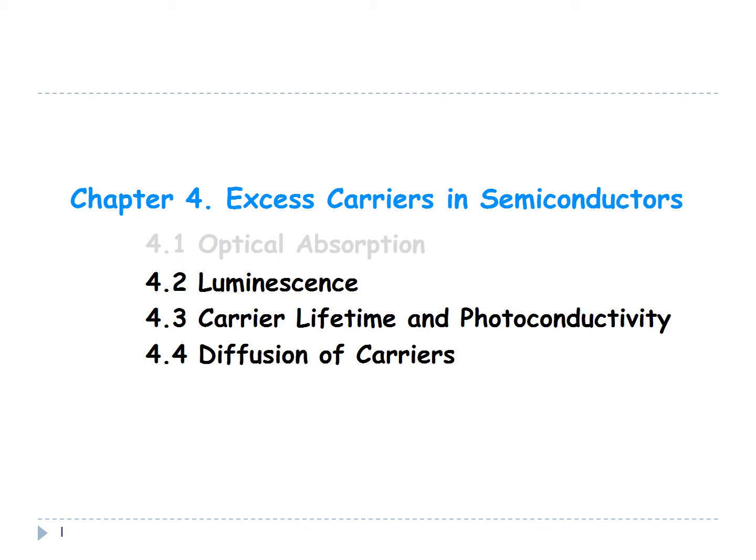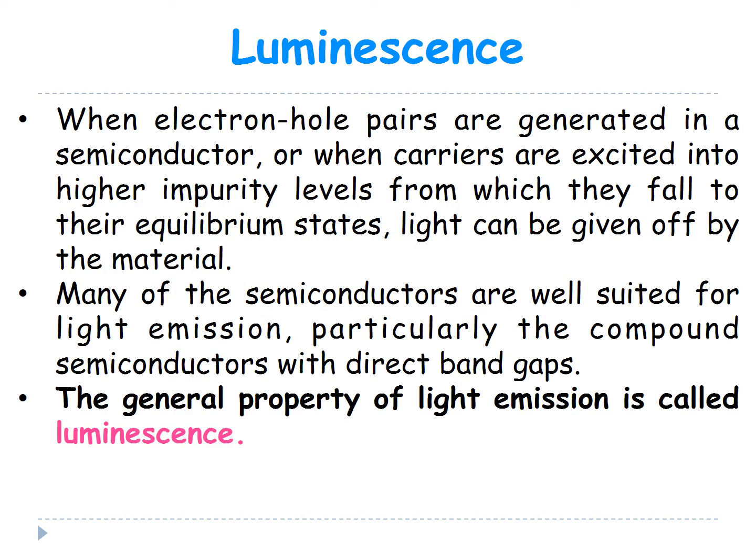Now let's look at luminescence. When electron hole pairs are generated in a semiconductor, or when carriers are excited into higher impurity levels from which they fall to their equilibrium states, light can be given off by the material.